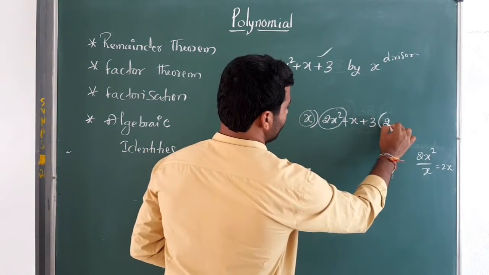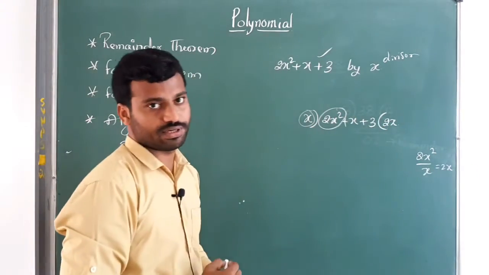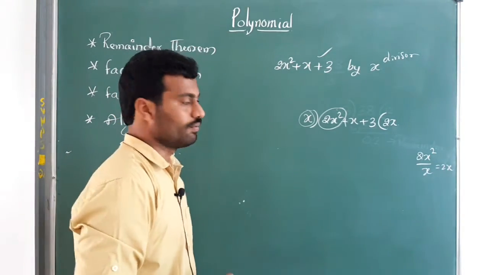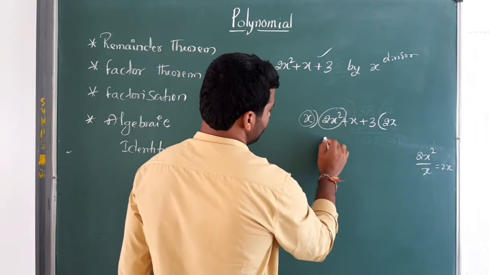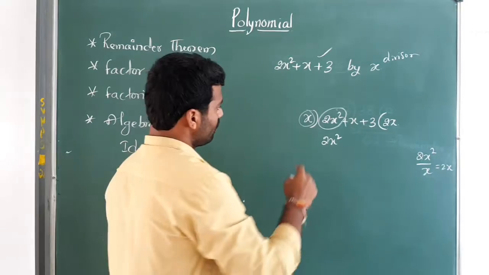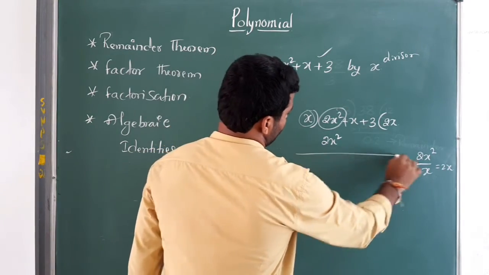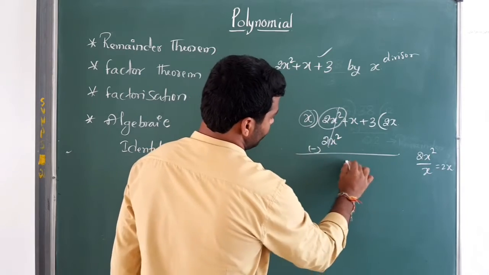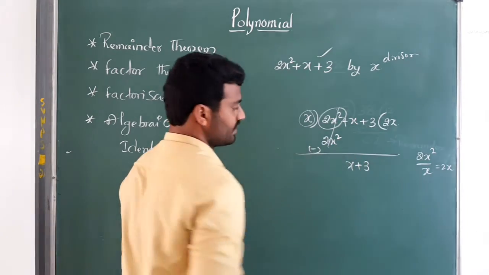You write it here, 2x, along with the sign. If you got a negative sign, you should write the negative sign. Multiply x into 2x, 2x square. Clear or not? Subtraction: both get cancelled, x plus 3.